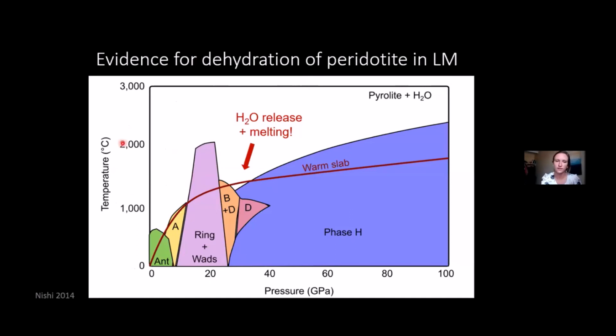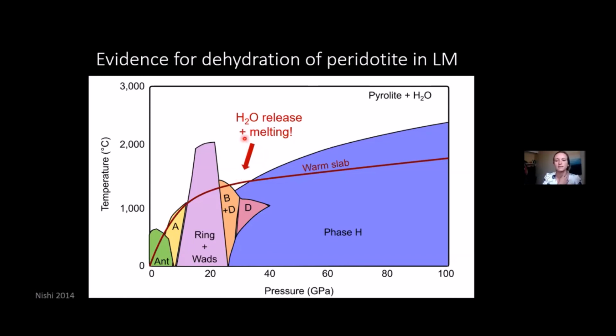And so this is a figure by Nishi in 2014 that I quickly redrew, which is simply showing the stability of hydrous phases in a subducting slab. And what many people suggest is that there are regions where generally subducting slabs will move out of the stability range of these hydrous phases, and therefore the slab is going to begin to dewater at these lower mantle pressures.